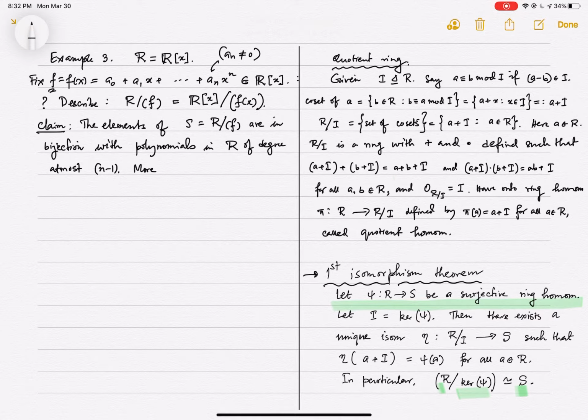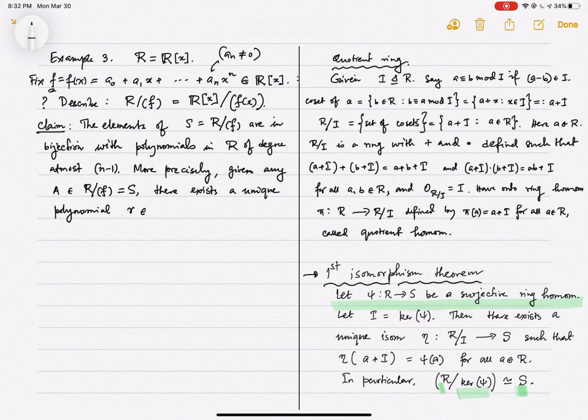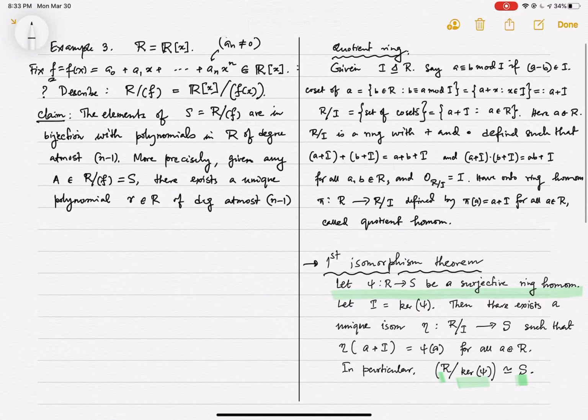More precisely, given any coset element, call it A, in S, this quotient ring, there exists a unique polynomial r of degree strictly less than n, at most n minus 1, such that this element A is the coset of r. Let's be consistent. Let's just write r.